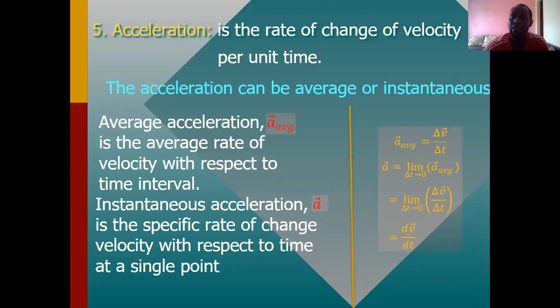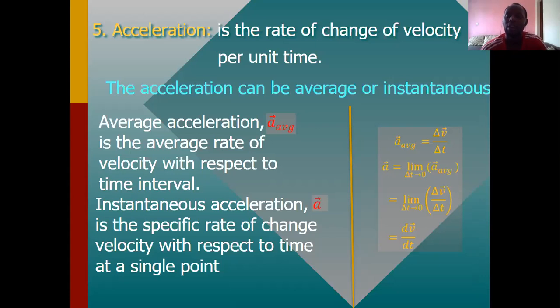The average acceleration is the mathematical average of different accelerations at different positions. Whereas the instantaneous acceleration is the acceleration at a specific position of the object.